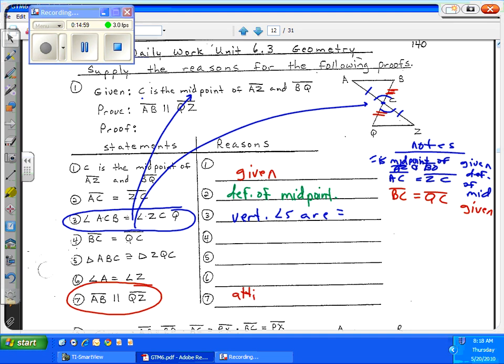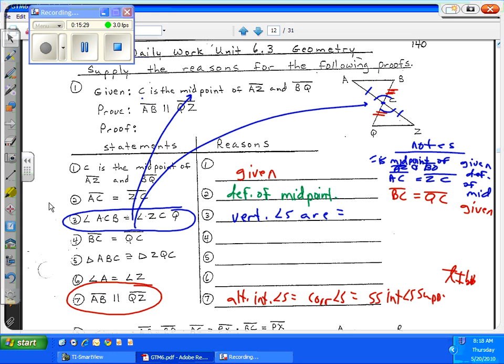To prove that two lines are parallel, your choices are alternate interior angles are equal, corresponding angles are equal, same side interior angles are supplementary, or the transversal is perpendicular to both lines.